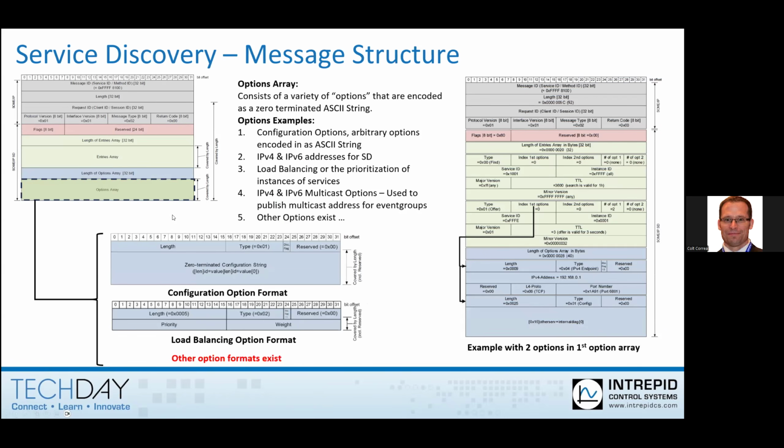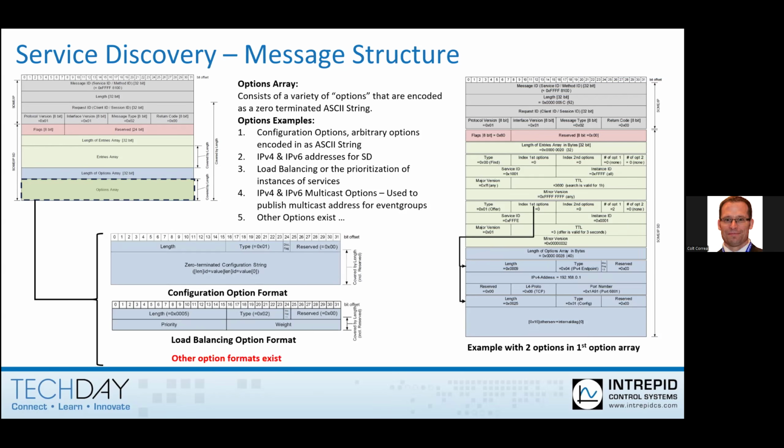Again, we don't have time to go into the details because we're running out of time, but it's important to understand that part of the service discovery message structure is information about the IP addresses for services. Remember, service discovery happens on a multicast address space.